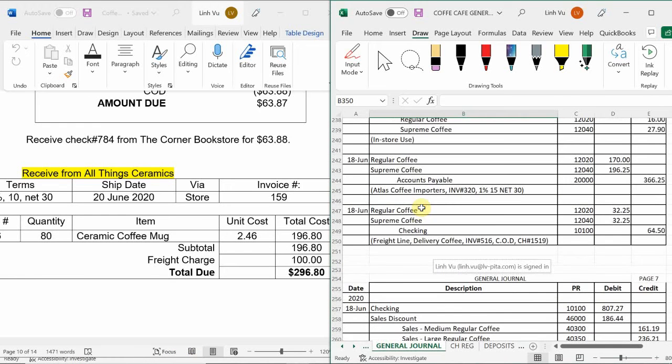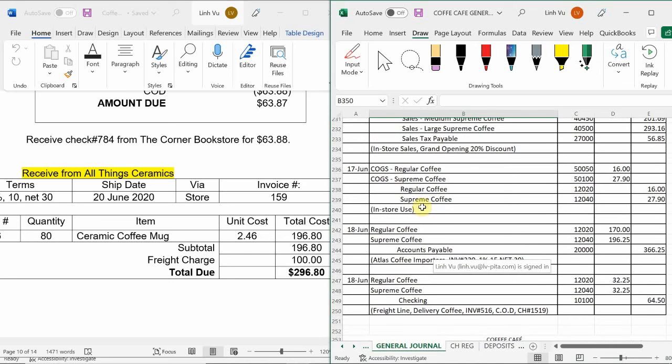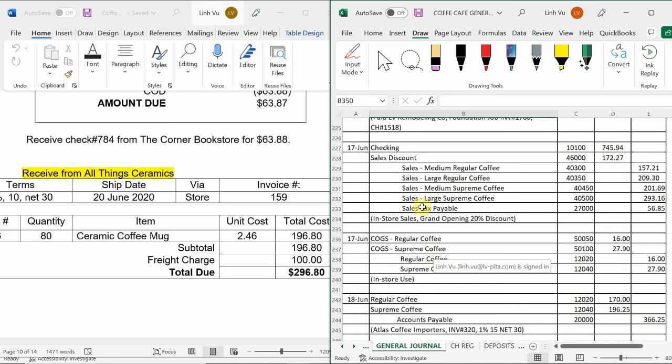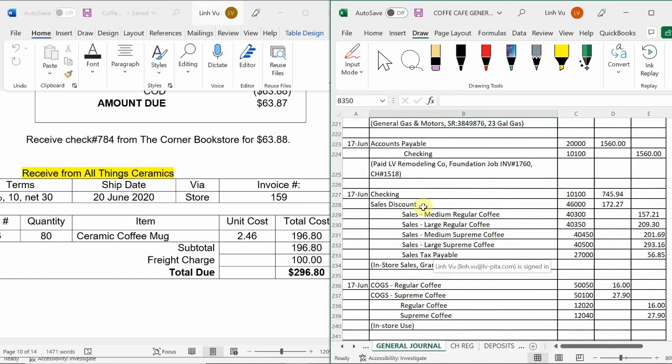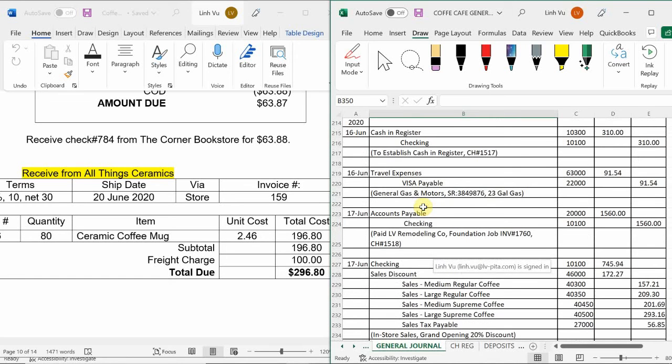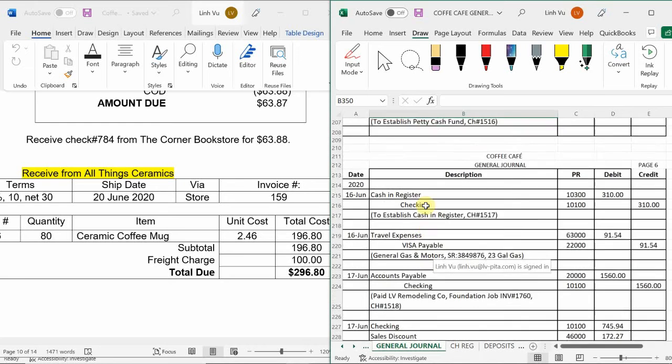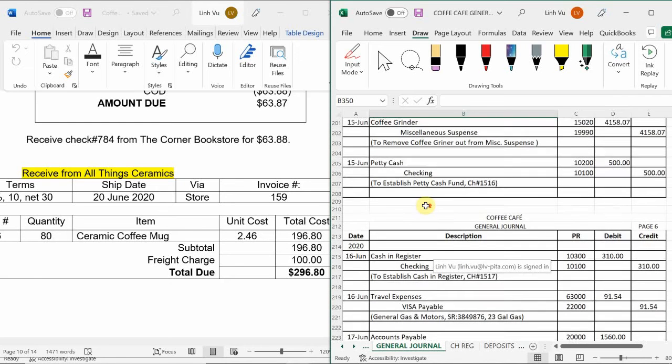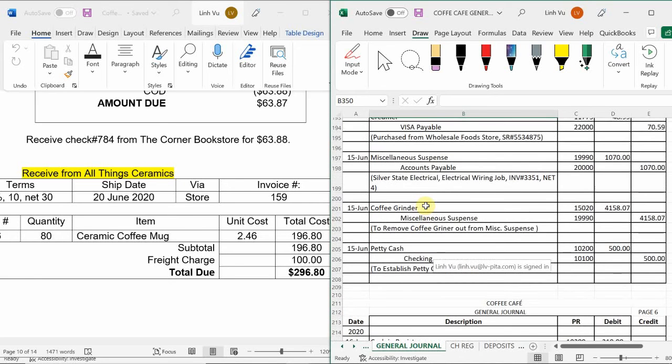What account am I going to use to represent that I made a purchase? Miscellaneous. No. If I'm going to have a freight expense, what usually comes with the freight expense? What am I buying? The mugs. Okay. How do I record periodic inventory?